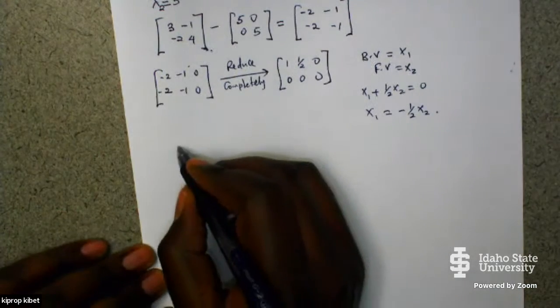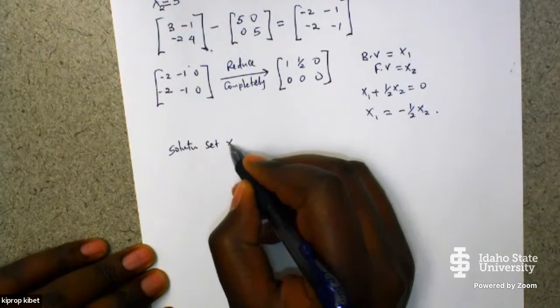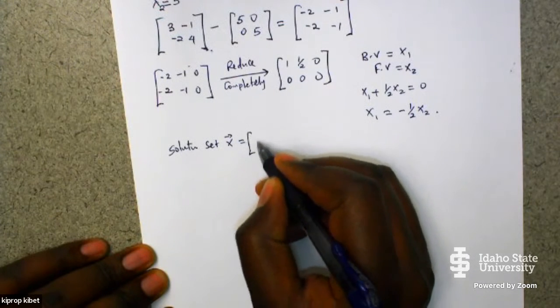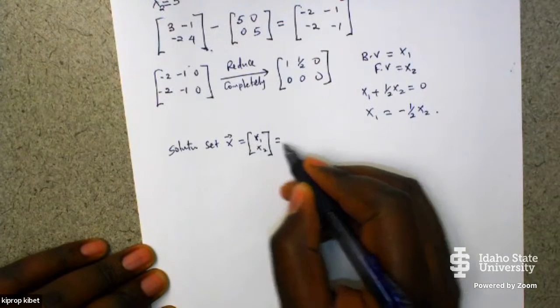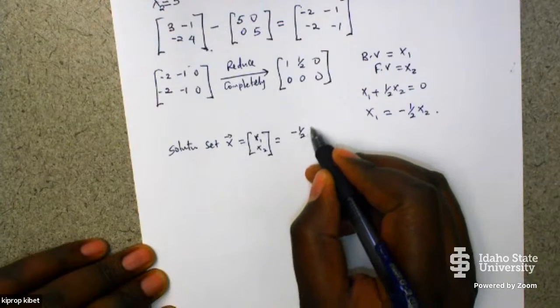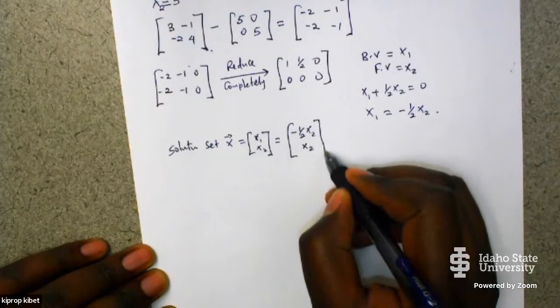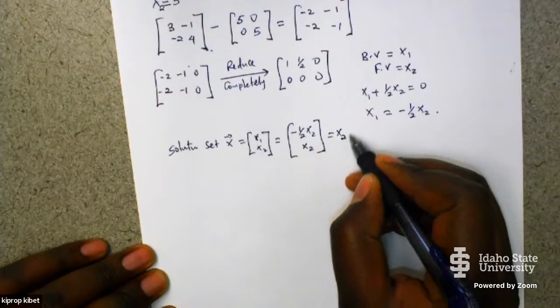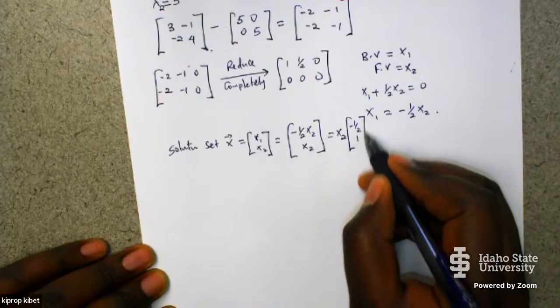So finally, our solution set x equals x1, x2, equals -1 over 2 x2 and then our free variable x2, which is the same as x2 times -1 over 2, 1.